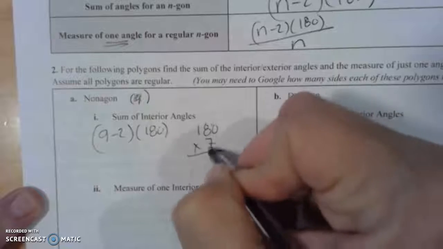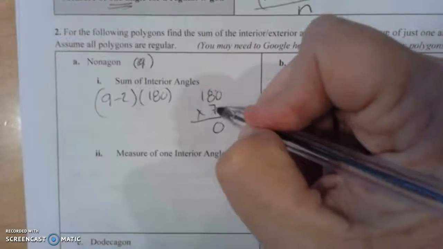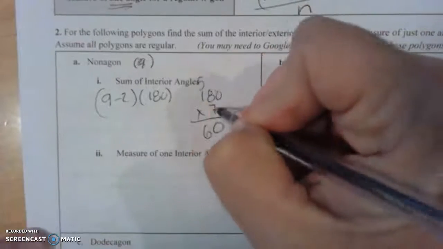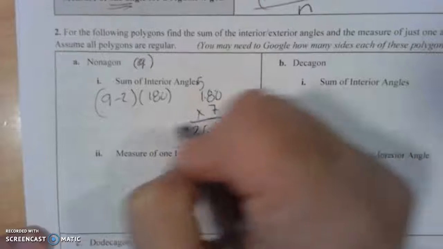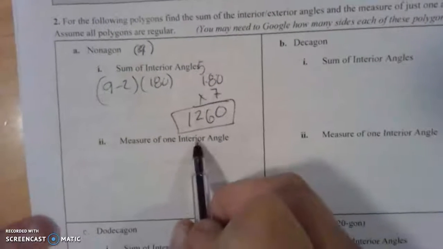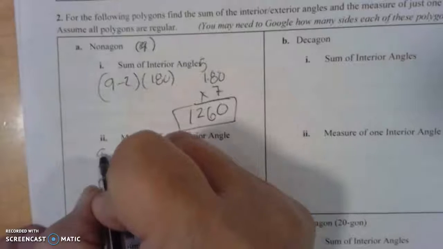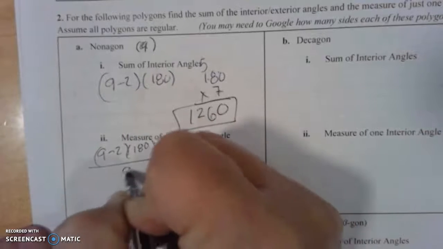I'm going the old-fashioned way now since my calculator is not easily accessible on my phone. 7 times 8 is 56. So 7, 8, 9, 10, 11, 12. So the answer is 1260. Now the measure of one interior angle would be 9 minus 2 times 180 divided by 9.